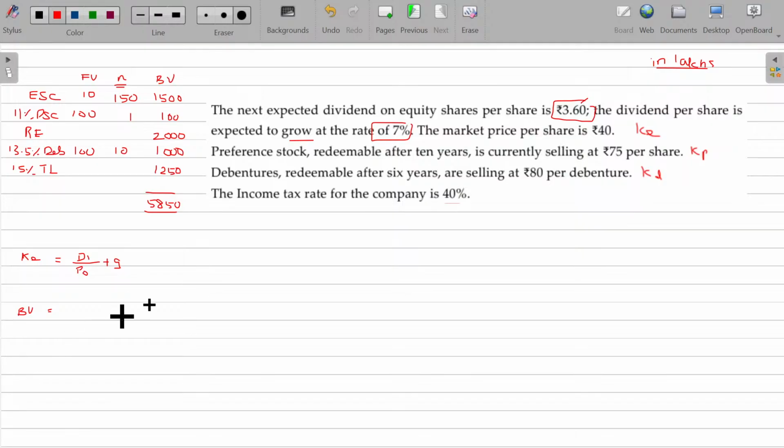As per the book value approach, D1 being 3.60 and the book value per share being, how much is that? Rather than book value, I directly go for the market value approach in this case.